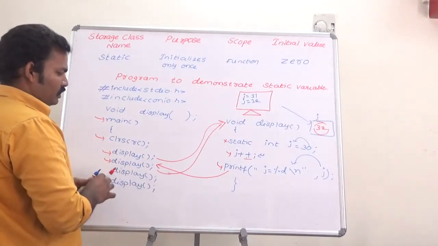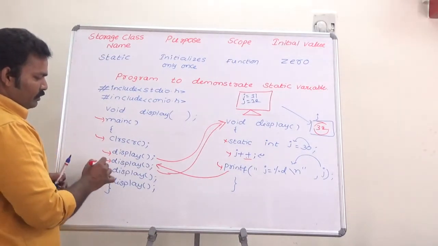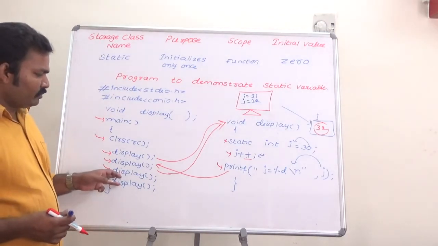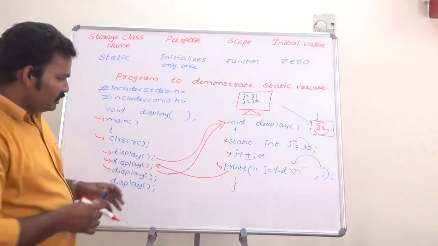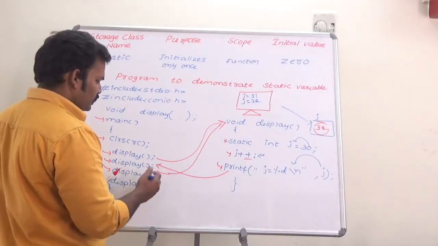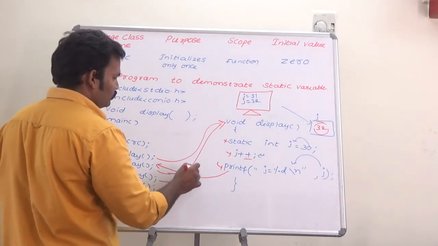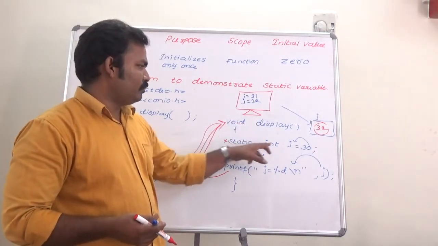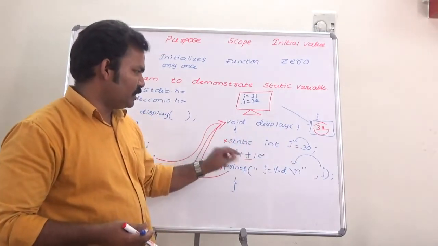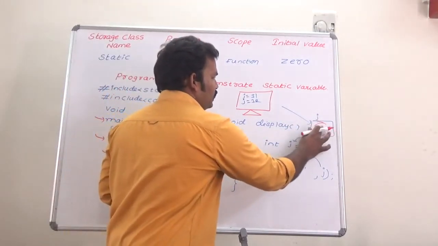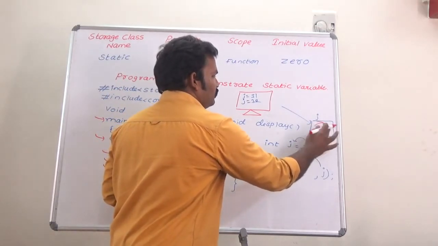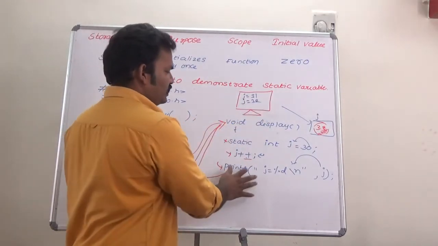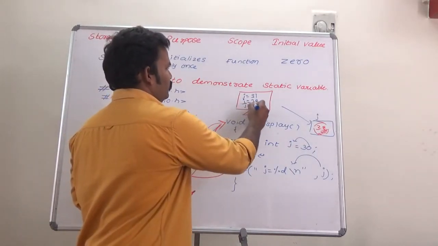After executing all the statements in that function, execution control returns to the main program and executes the next statement, again a function call. Execution control is transferred to the function definition. A static variable is initialized only once. Next, j plus plus increments the j value by 1: 32 plus 1 is 33, and it prints the j value 33.